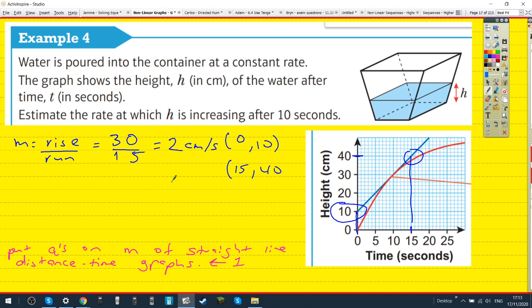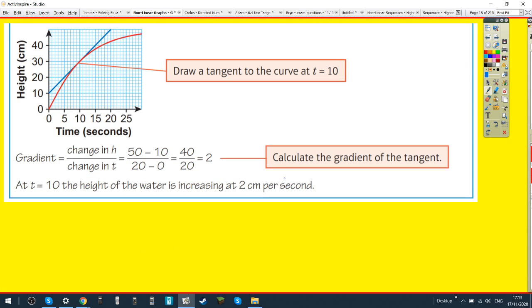In distance time graphs, the gradient would be the speed. And when we're doing straight lines, the gradient of the straight line would be the speed. The way you get the gradient of a curved line is you just draw a straight line at the point where you want to find the gradient. So you sketch a tangent.